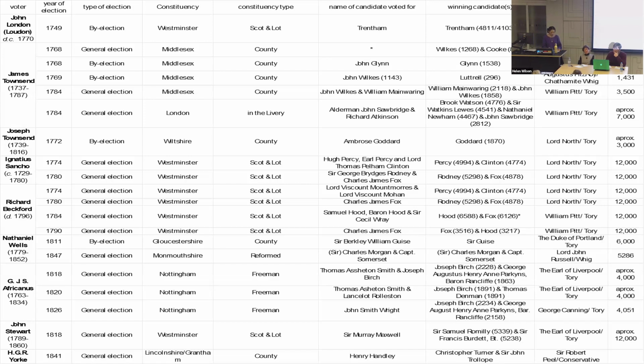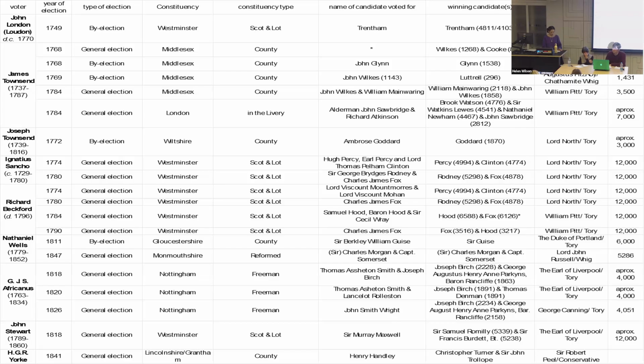Townsend's voting history is a little bit more complicated because of a spelling issue. James Townsend, as well as being an MP, was elected to be an alderman of the City of London for Bishopsgate and Sheriff of the City of London in 1769. In 1772, he was elected Lord Mayor of London.